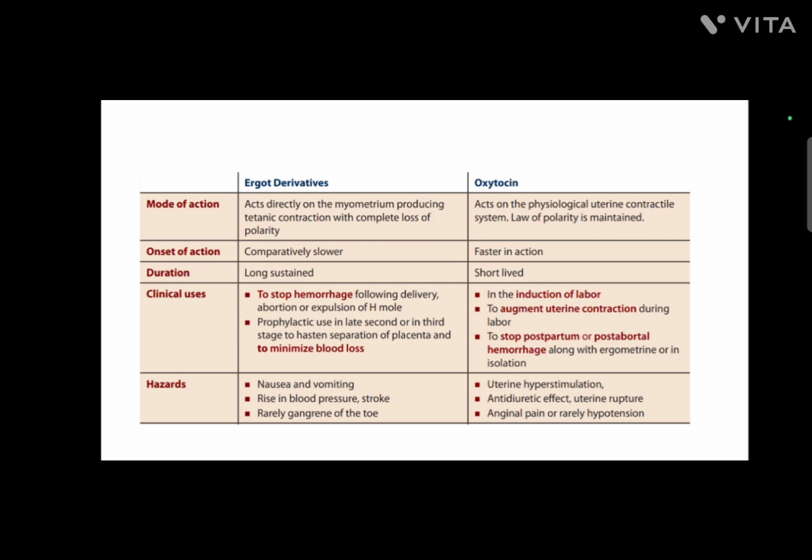So you should always keep a chart that is recorded every time, and you should be very careful whenever you are giving oxytocin and raising its dose. Keep in mind that at any time the uterus may rupture if you don't monitor the uterine contractions, and also watch for anginal pain and hypotension.